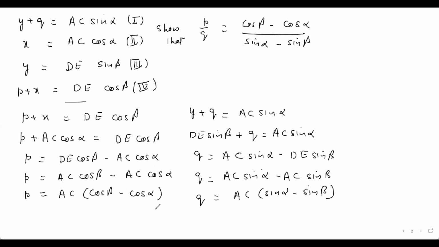Now if I say this is the fifth equation and this is the sixth equation, we have to show P by Q is equal to cos beta minus cos alpha upon sine alpha minus sine beta. So P by Q is equal to, instead of P, write AC times the bracket cos beta minus cos alpha, and instead of Q, write AC times the bracket sine alpha minus sine beta.